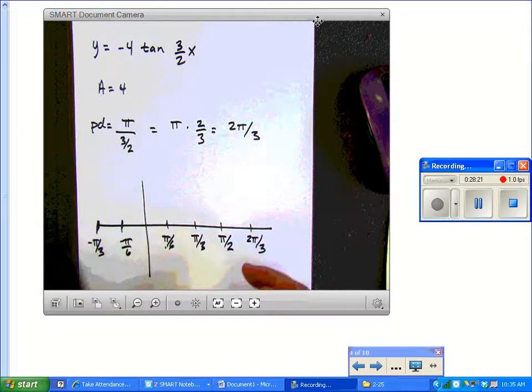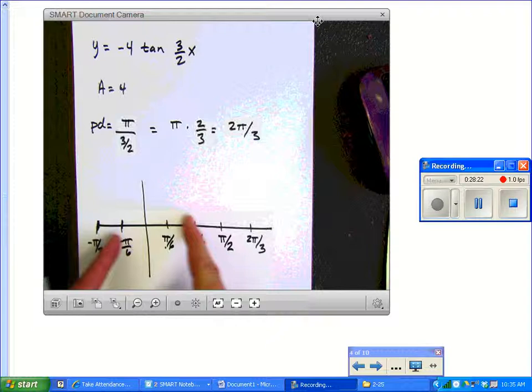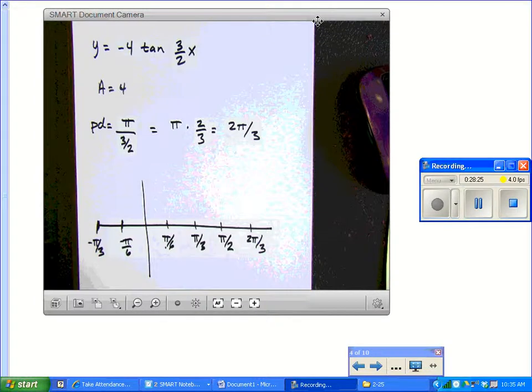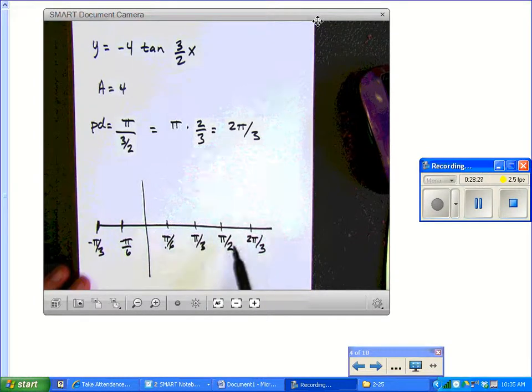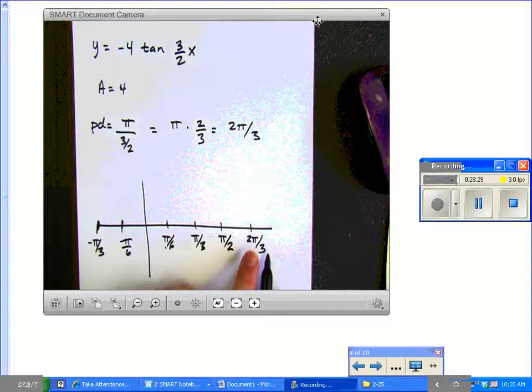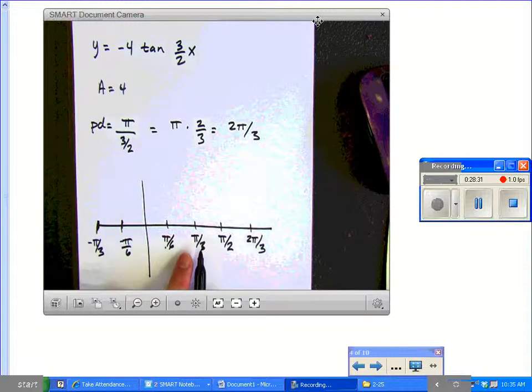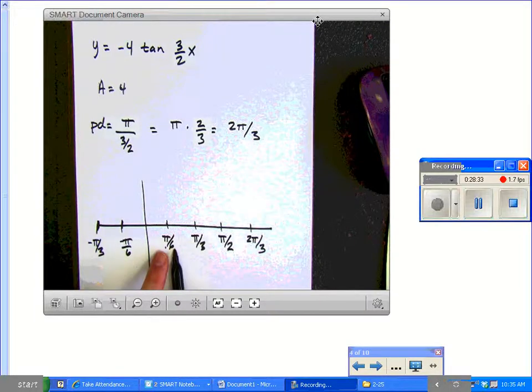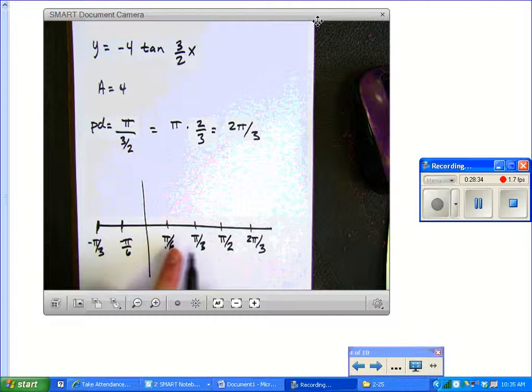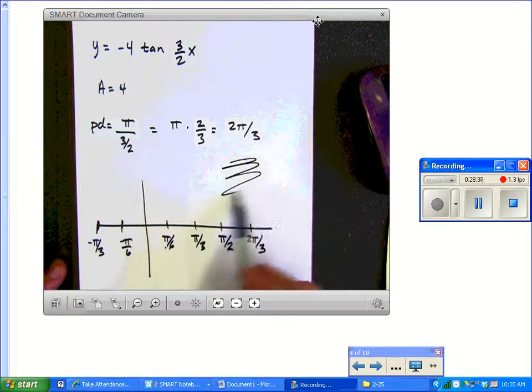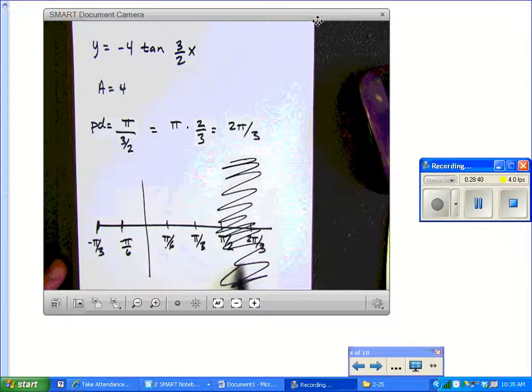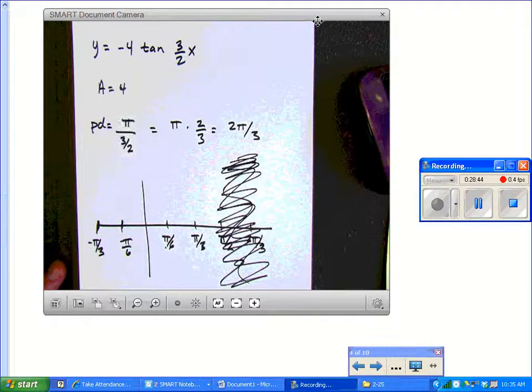So since we offset it over here to the left, then this is all we need. We really don't need the pi over 2 and 2 pi over 3. All we did was let the 2 pi over 3 help me figure out what these two were going to be, by doing that half strategy. So I really don't need that part. I mark it out because my eraser doesn't work too good, but you could erase it, okay?